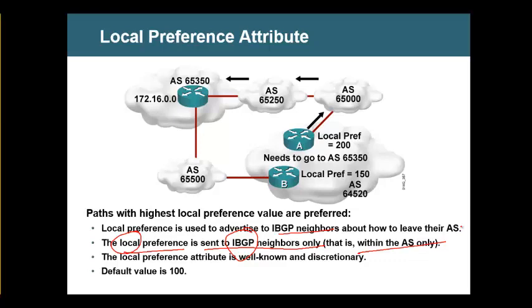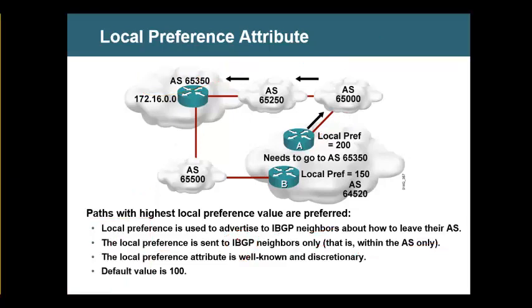This is not necessary for another autonomous system. In your autonomous system, you decide to go this way. Why should you send this information to others? Not necessary. Why should this autonomous system need to know that you are going via A to reach this network? Not necessary.